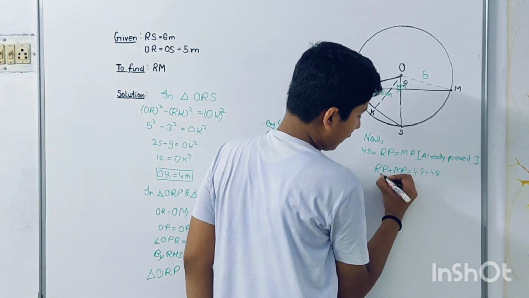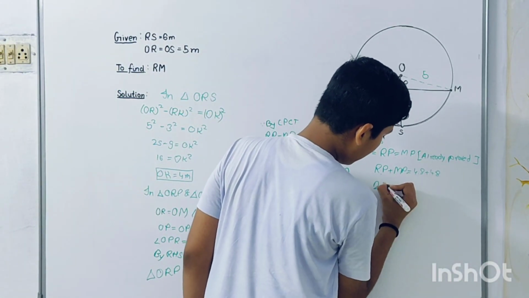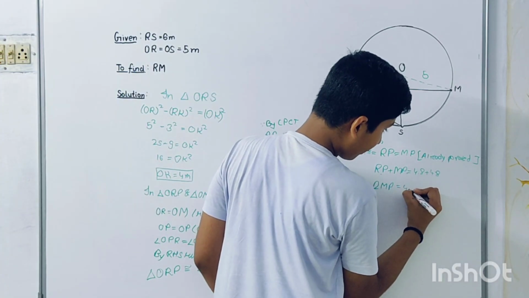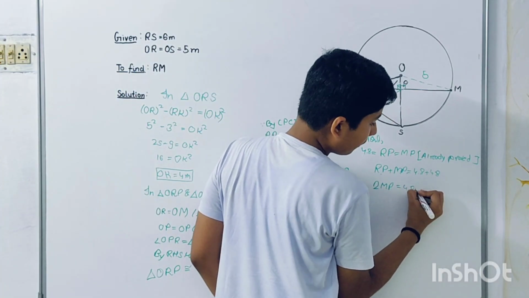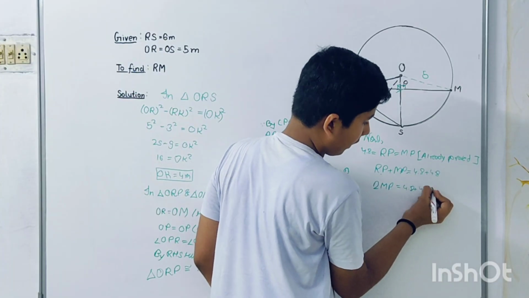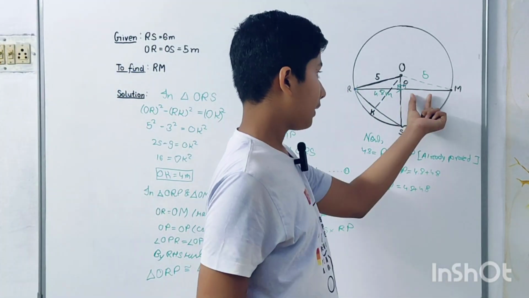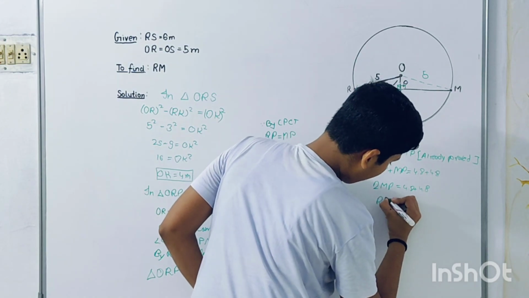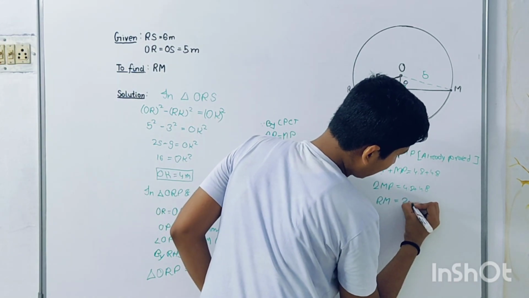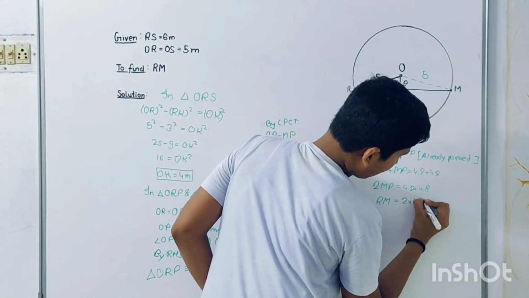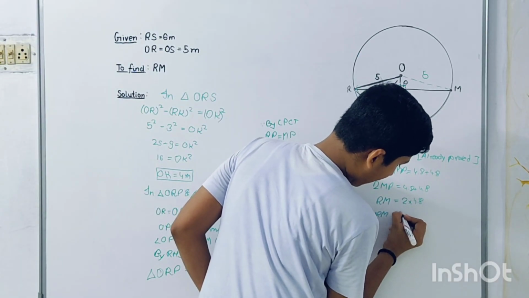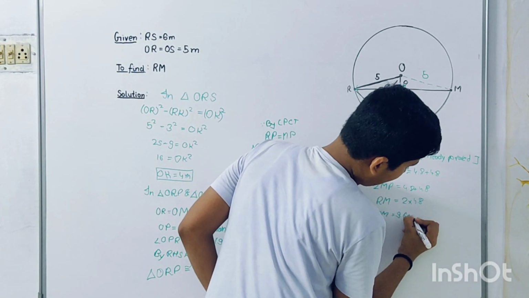So since these both are equal, we can say 2 times MP equals 4.8 plus 4.8. 2 times MP is this plus this, which is RM. RM equals 2 times 4.8. RM equals 9.6 meters.